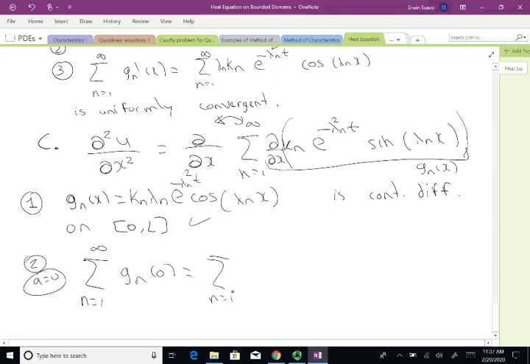Sum of n equals 1 to infinity k_n lambda_n e to the minus lambda_n squared t. Okay, so that one we need to prove is less than infinity.